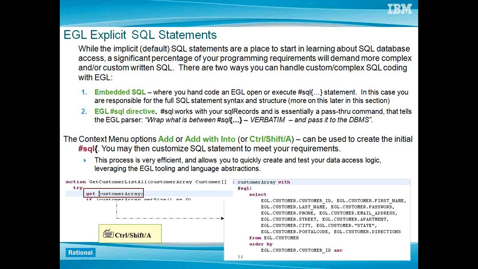For example, there is a get customer array, and get is a reserved word in your customer array record name. So you place your cursor between these two words and then right click, and there would be an option, show SQL query, some sort of this option. Then it will reveal the SQL statement that is being generated on behalf of this get reserved word.